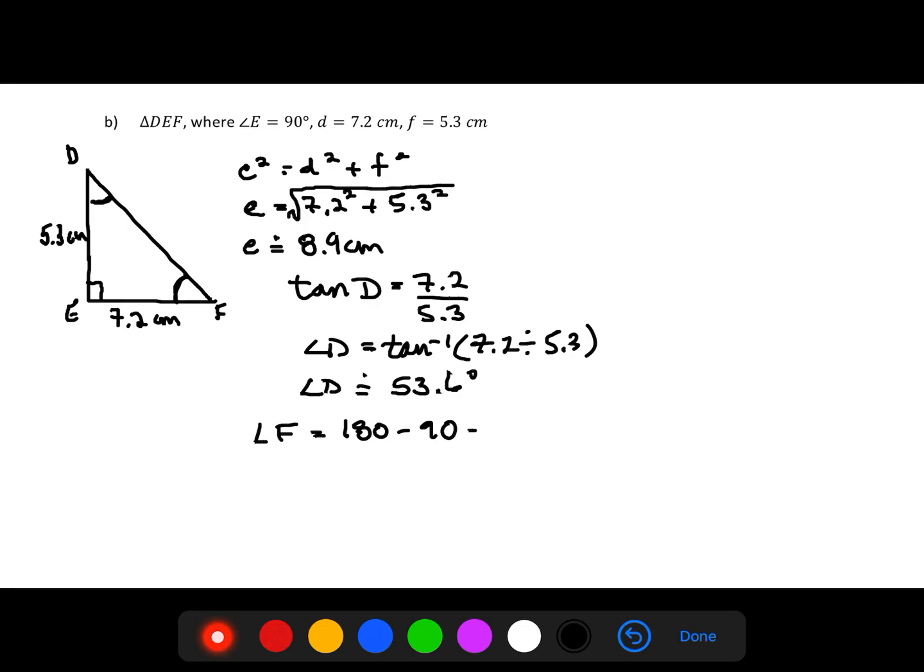But we can now use the fact that our angles have to add up to 180 to find angle F. So taking away the other two, we know that F is equal to 36.4 degrees.